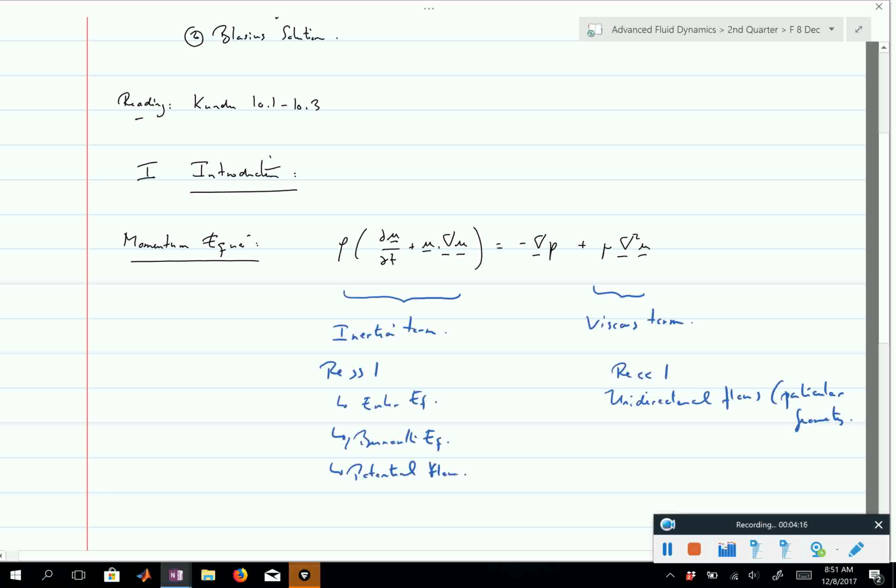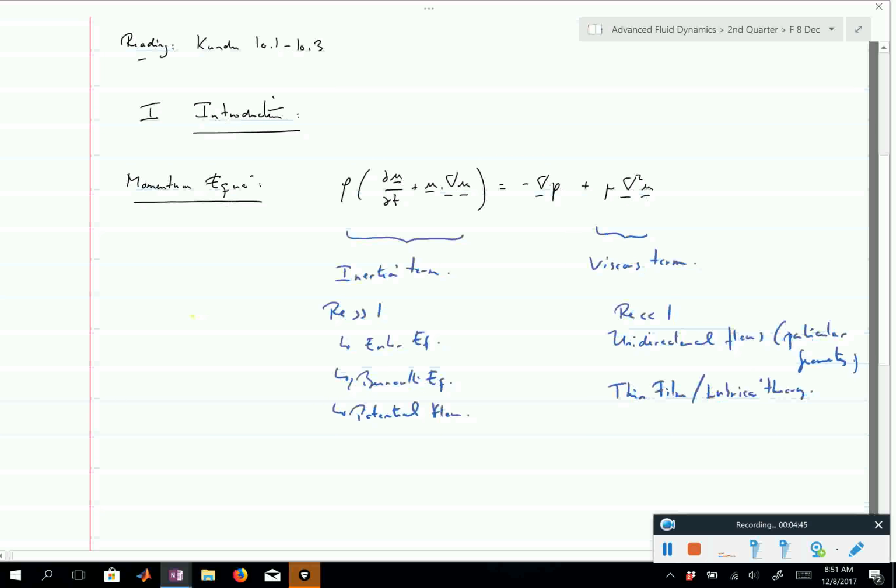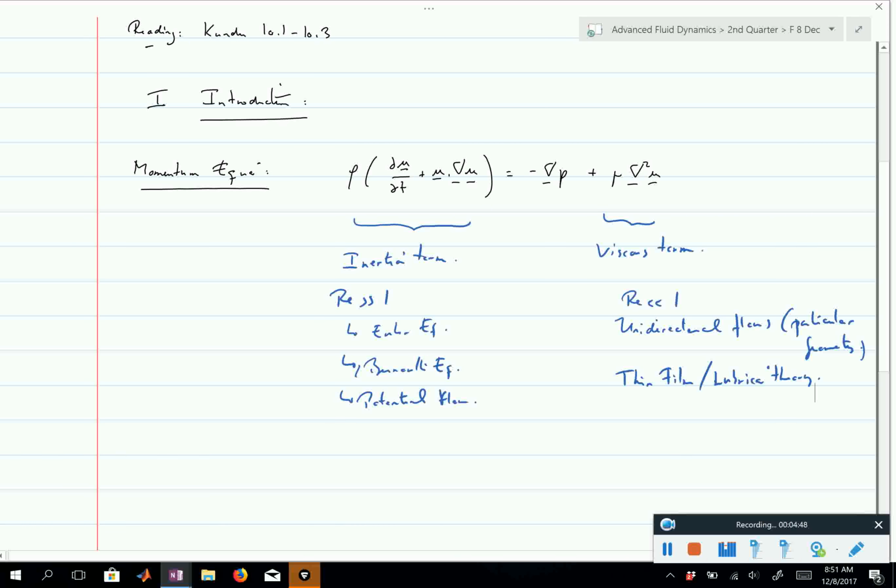And then there is another particular geometry which makes it almost unidirectional, is the case of thin films, so lubrication theory. In that case, we can completely neglect the inertial term, right? So we put the left-hand side equal to 0, and we're left just with whatever is on the right-hand side, which usually is called the Stokes equation. Now, so this is what we'll discuss starting next week.